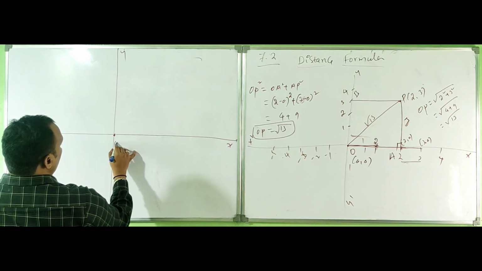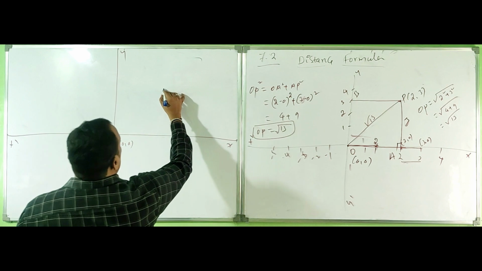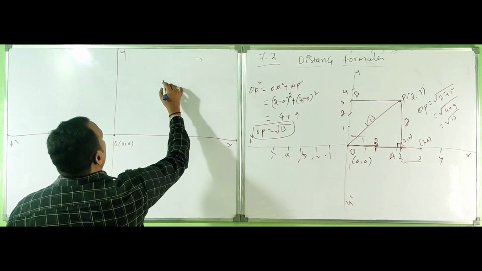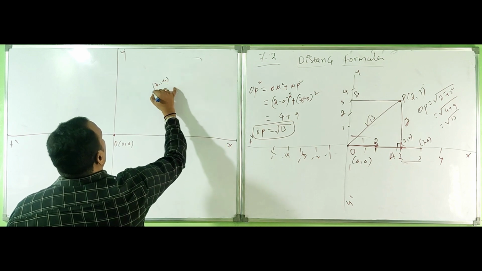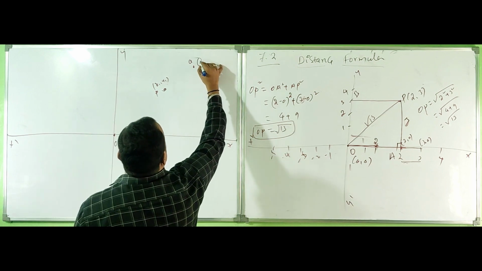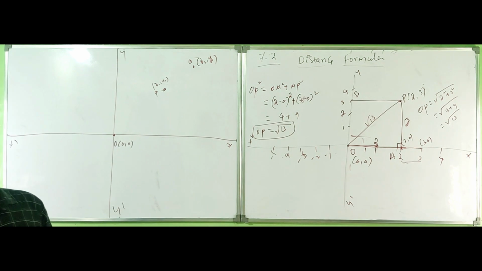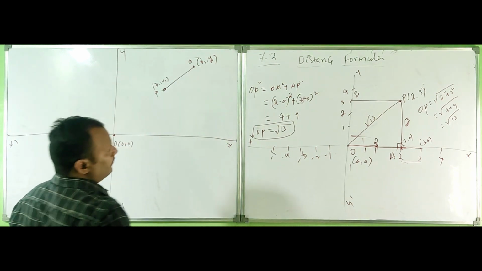This is the point O, 0 and 0. Let's take a different point here, x1 and y1 as P, and the point here Q, x2 and y2. So I want to find the distance between these two points.